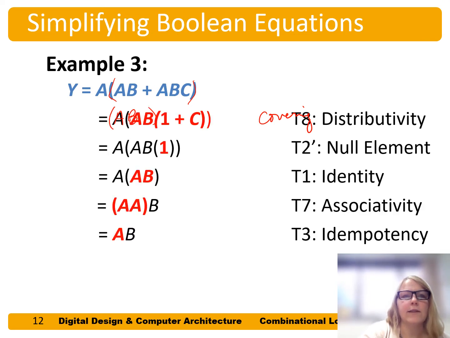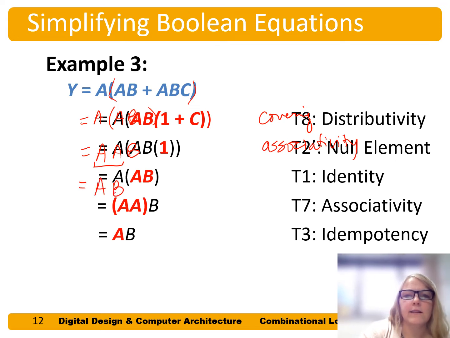And then we still bring down the other term, the A, and then we get A and B. Associativity: I can move those parentheses around across a term that's ANDed together. And then I have idempotency, A and A is just equal to A. And so then we get A and B.